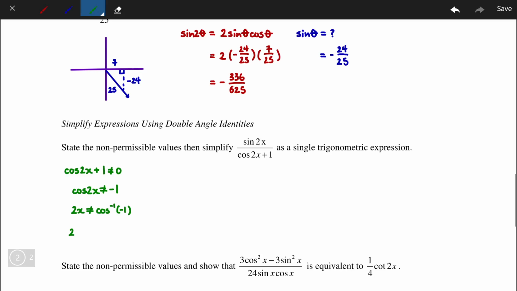So 2x cannot be equal to, and where is cosine, which is of course the x value, equal to negative 1? Well, that will be pi, 3 pi, 5 pi, and so forth. The odd multiples of pi. So if we were to solve for x, we divide both sides by 2.